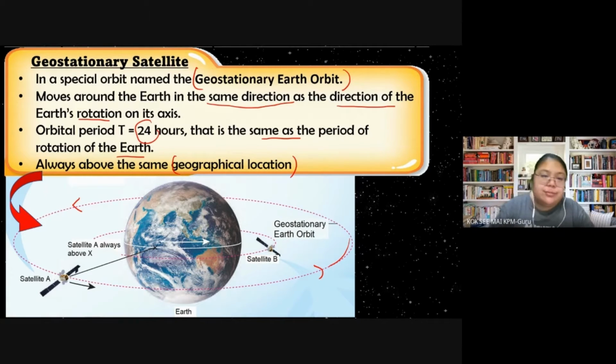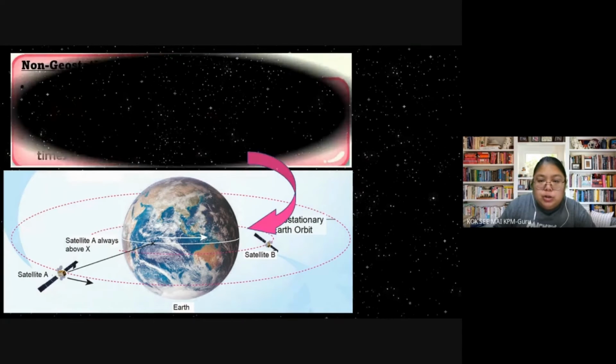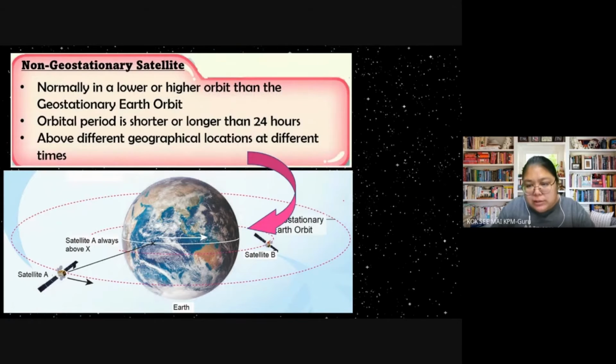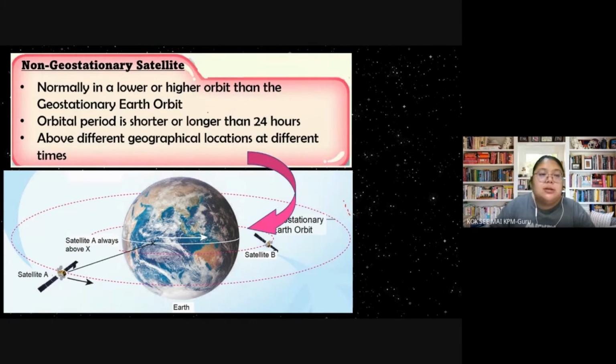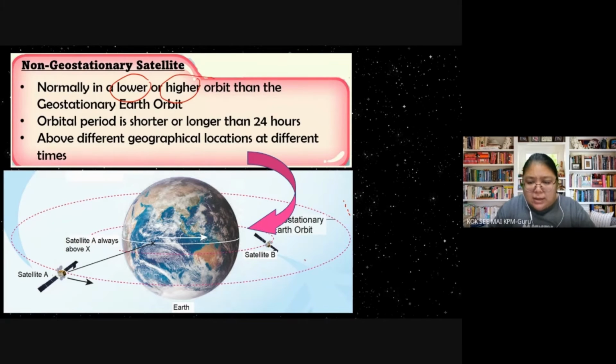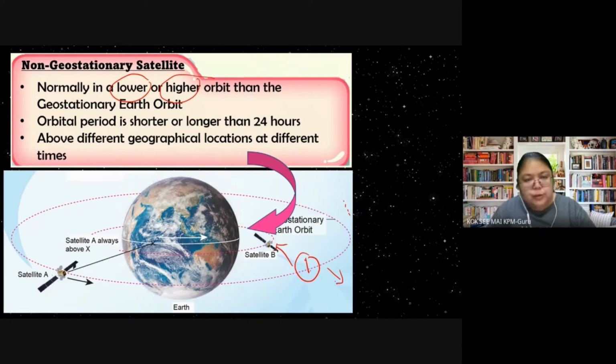What is that? Non-geo means it can be in this orbit or outside orbit also can. Normally lower or higher orbit than the Earth orbit. You can be lower than this line, or outside this line also can.